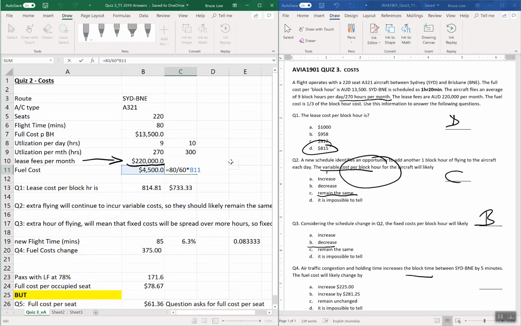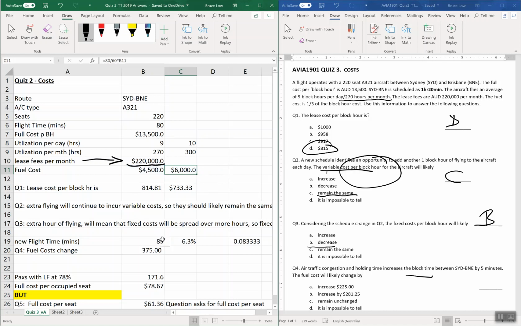So your 80 divided by 60 times your fuel cost. Okay, so it's 4,500 for an hour, and for your 80 minutes for the whole Sydney to Brisbane, it's $6,000 is your fuel cost. Okay, so for 80 minutes, $6,000 fuel.